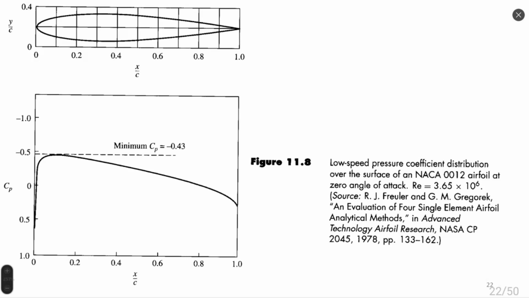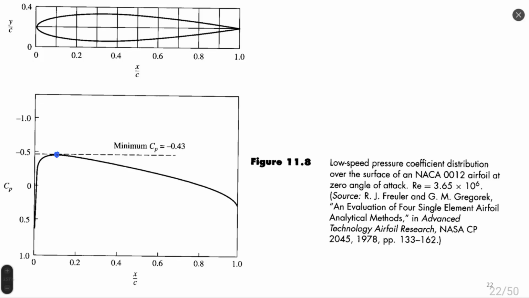For example, for NACA 0012, at zero angle of attack, we can find the pressure coefficient, the minimal possible value. Minimal pressure coefficient is interesting for us because it corresponds to highest Mach number at this specific point. So this point is having highest velocity.